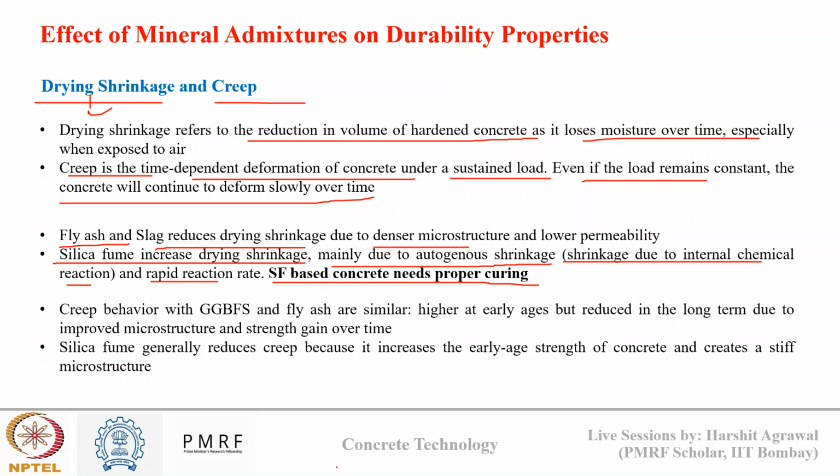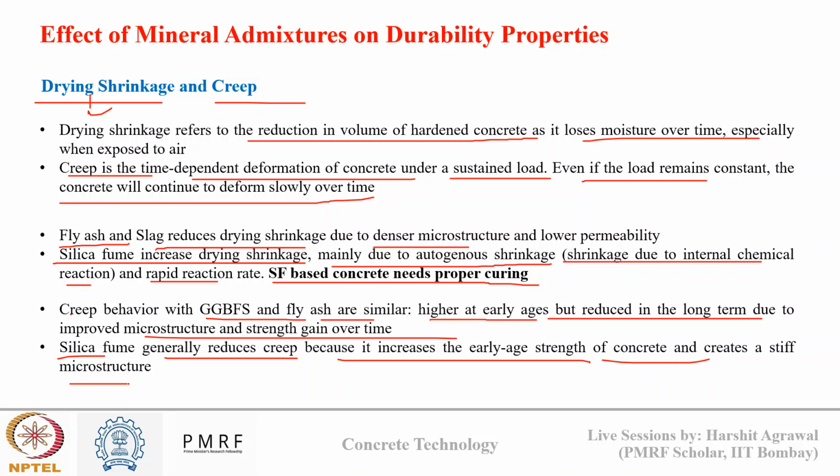there is no drying shrinkage. In terms of creep behavior, my fly ash and slag based concrete have similar properties. They have a higher creep behavior at early age, but it reduces in the long term due to improved microstructure and strength gain. However, silica fume generally reduces the creep because of its increased compressive strength at early age, which creates a stiff microstructure.